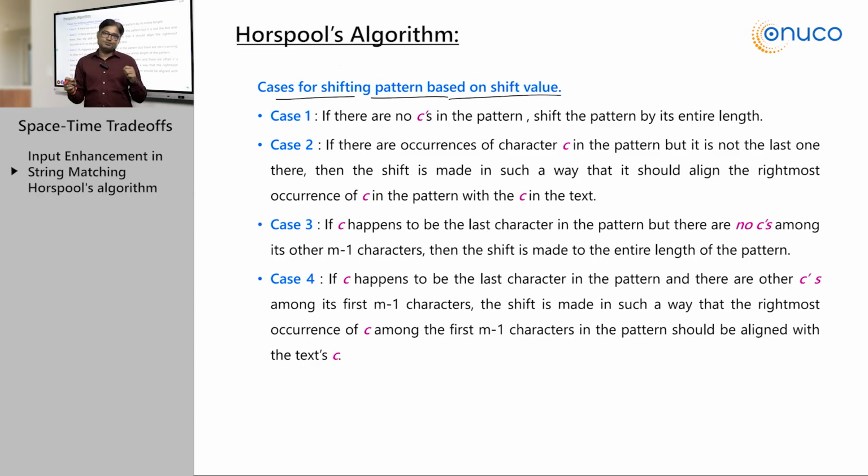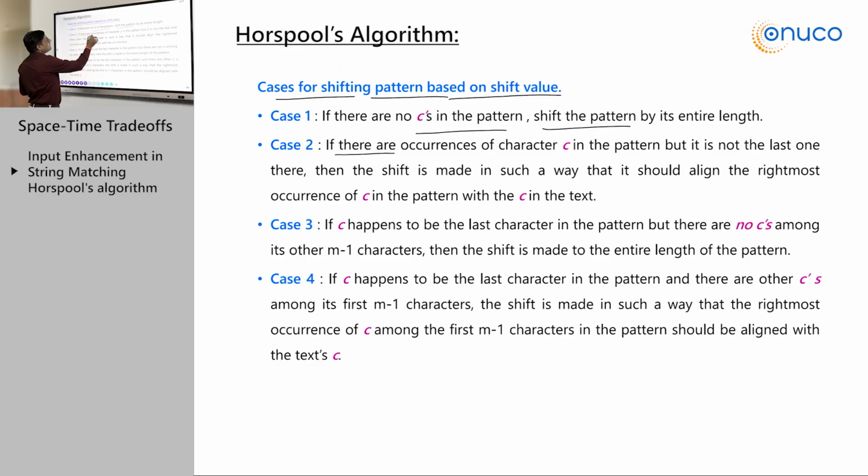The shift table will tell. So if that character of the text is not present anywhere in the pattern, then we shift the complete pattern by the pattern length, because shifting by one character is just a waste of time, comparing again and again. So we shift the whole pattern together towards the right. That is the first case.